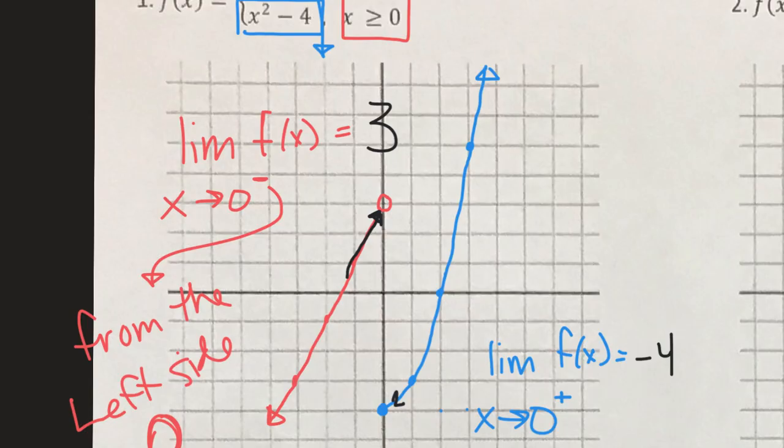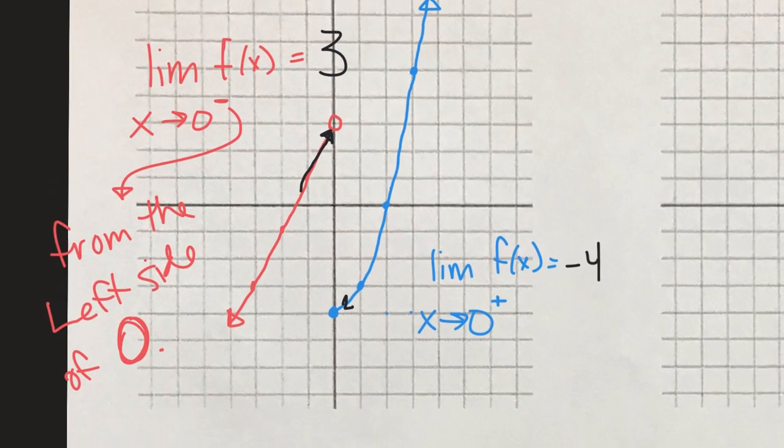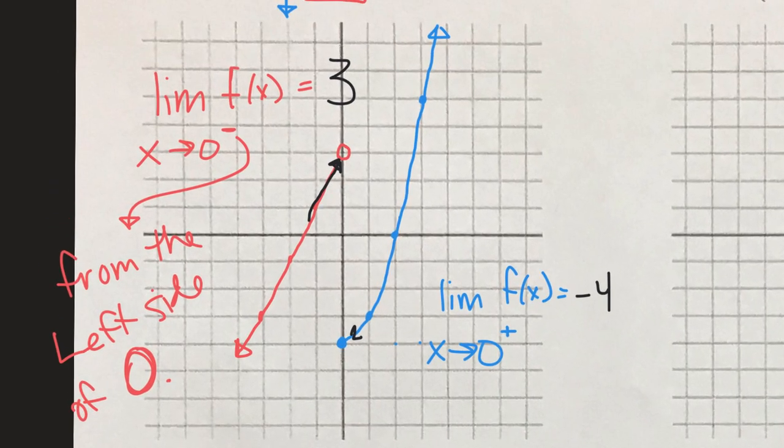Okay, so formally we would say, right after we showed this work on our paper, which we did a great job of, we would say that the limit as x approaches 0 from the left of our function does not equal the limit as x approaches 0 from the right of our function. Okay, the limit from the left does not equal the limit from the right.